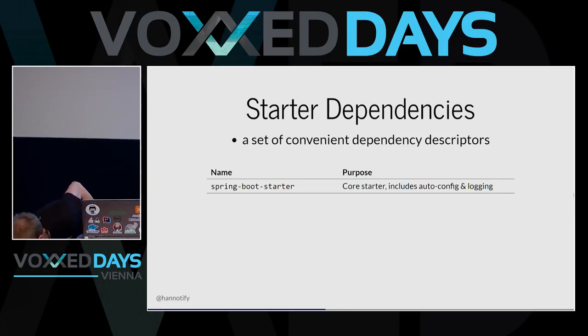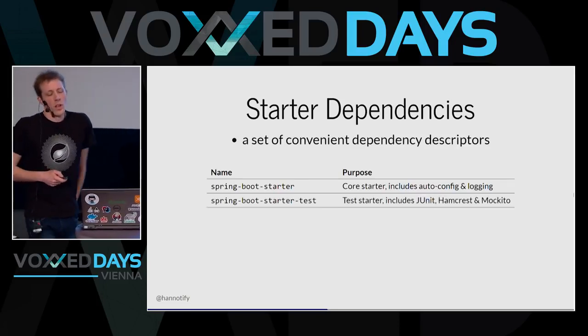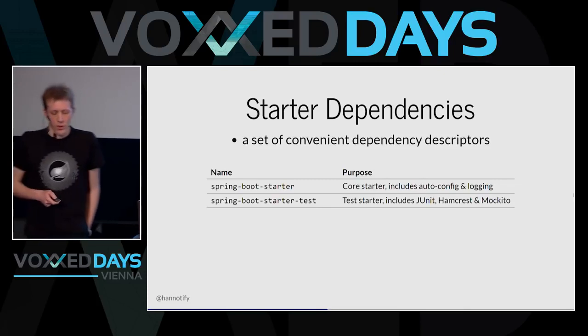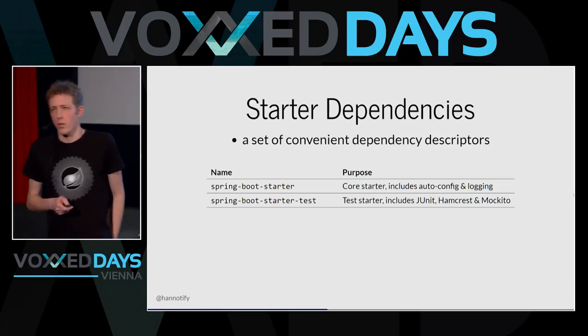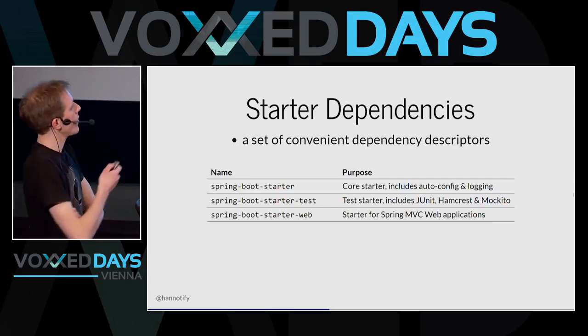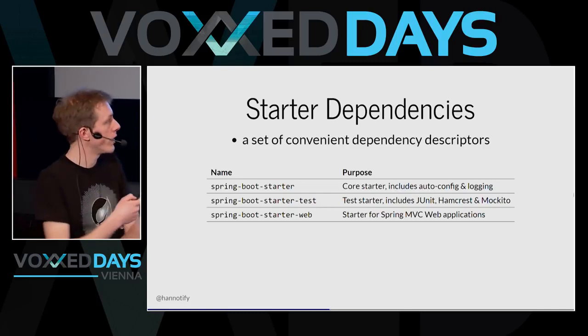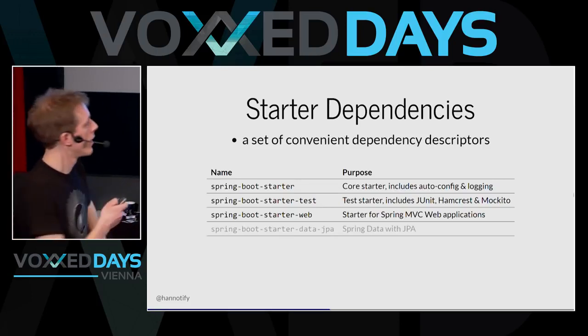This one includes logging and also auto configuration. There's a test starter to get you started on your unit test. Also includes Mockito and Hamcrest dependencies. This is the one that was on the previous slide, the web starter, which includes Spring MVC support.